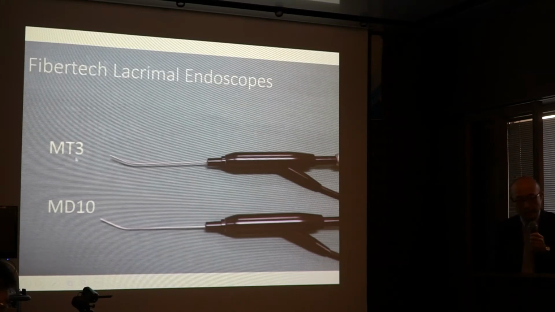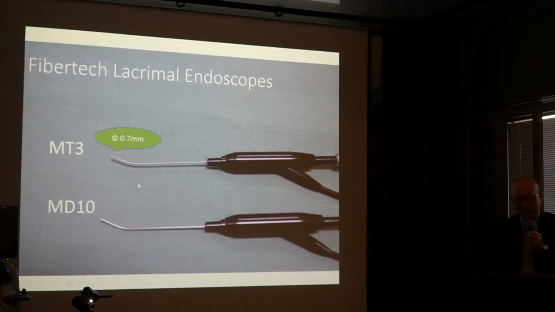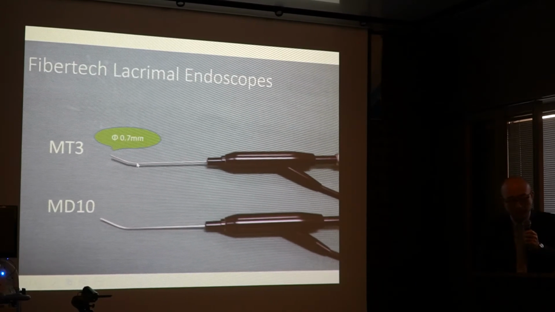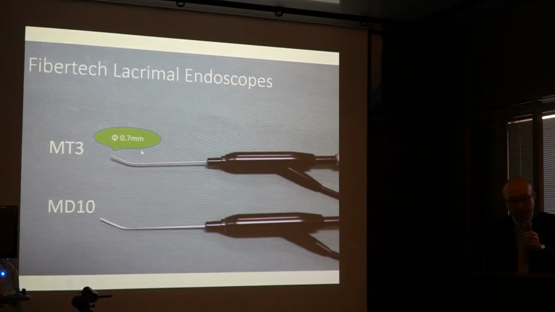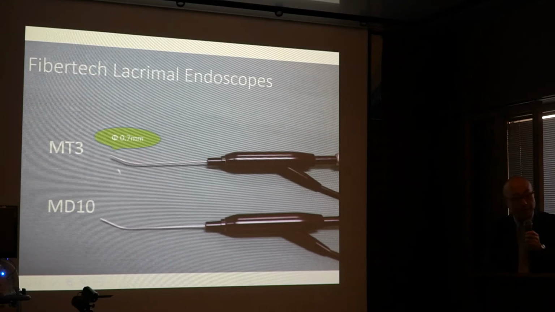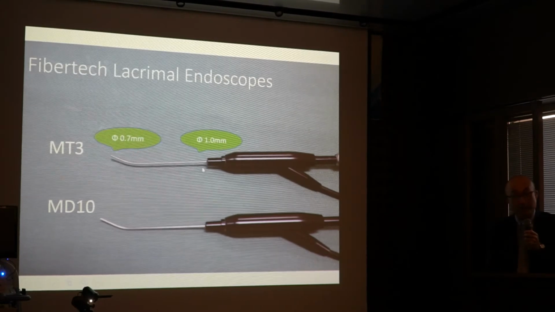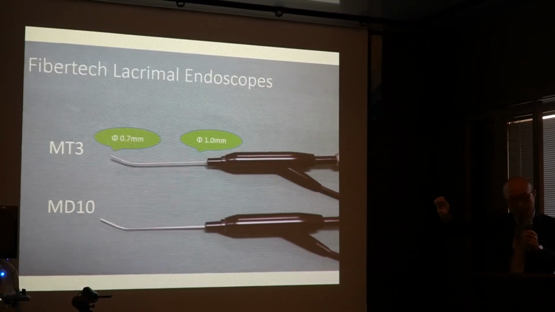One is MT3 and the other is MD10. MT3 has a tapered shape probe with the diameter of 0.7 millimeter at the tip and 1.0 millimeter at the base. So the probe is a tapered shape.